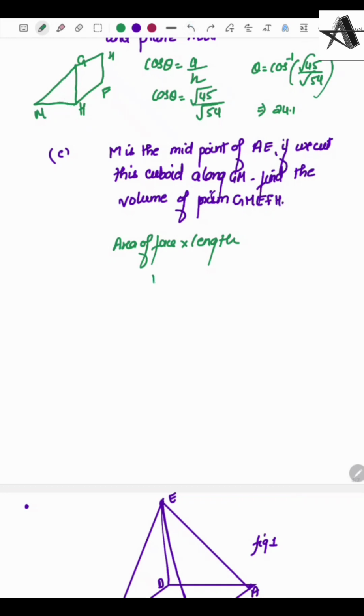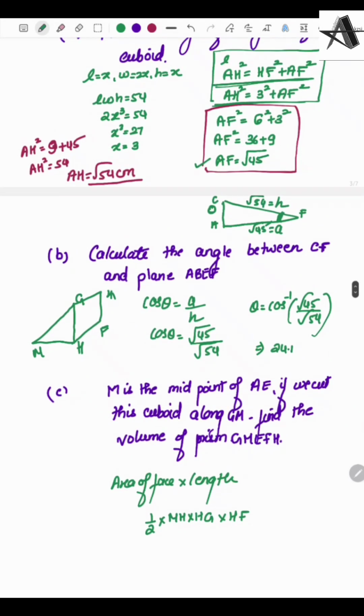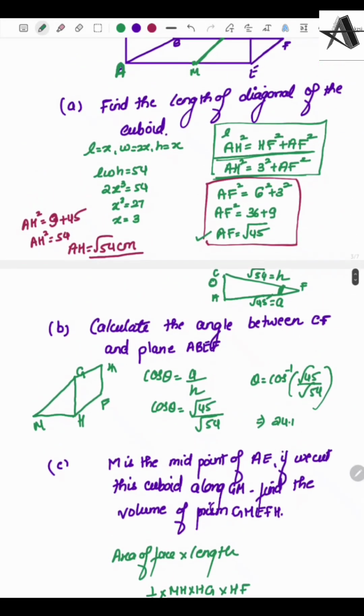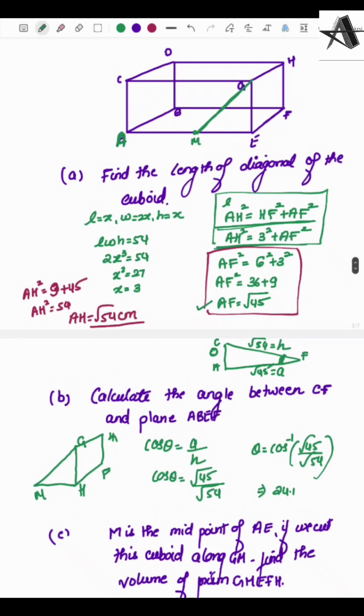So area is half times base times height, which is MH, and height is GE. This is our prism, right? So area of face is half times base times height into length. Length is HF. MH we have calculated as AE, that is 3 centimeters.